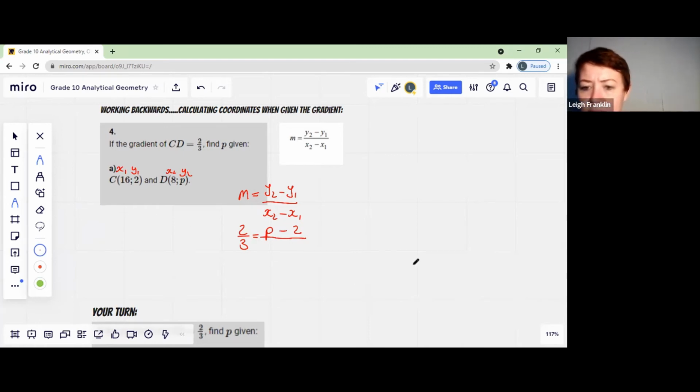Let me ask Zayon. What am I going to put at the bottom, Zayon? What should I write? Maybe Zayon can't hear me. Oh, you did. Okay, Anam says 8 minus 16.